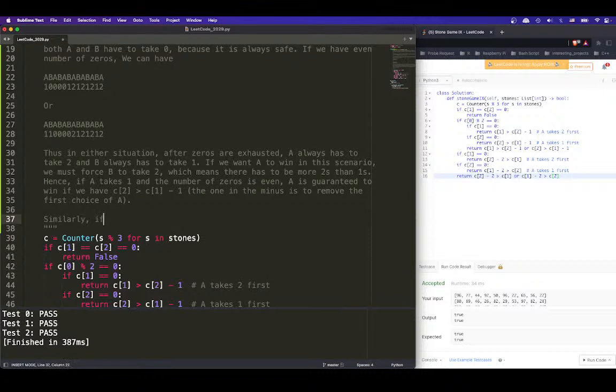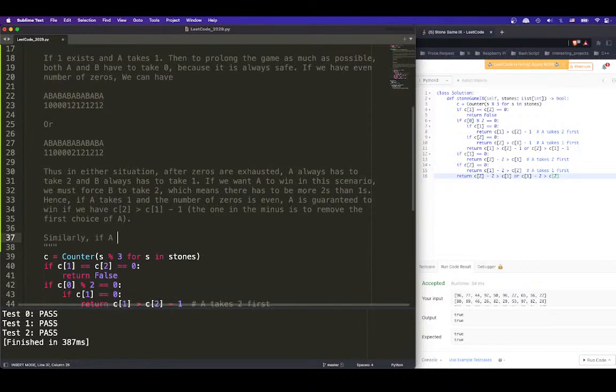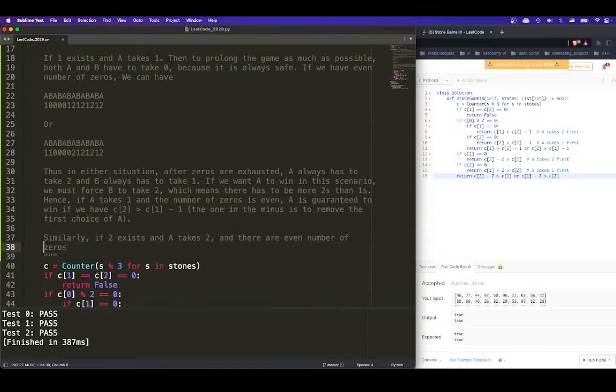Similarly, if 2 exists and A takes 2, we have, and there are an even number of zeros.